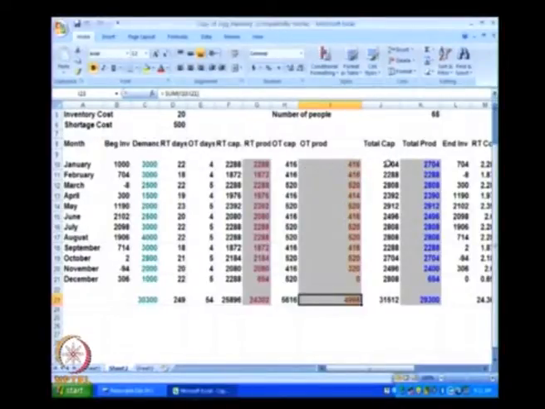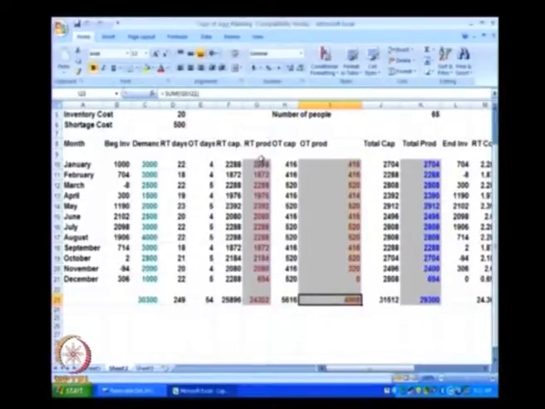Now as a decision maker, we have to say how many we are going to produce using regular time and how many using overtime. So the total production will be the sum of the regular time production that is planned and the overtime production that is planned.